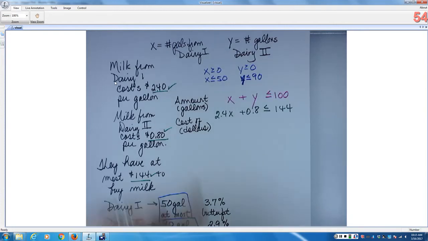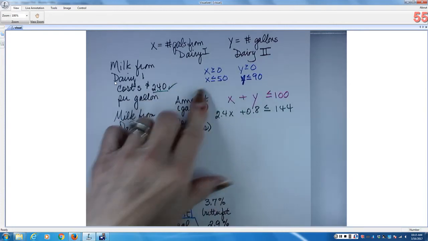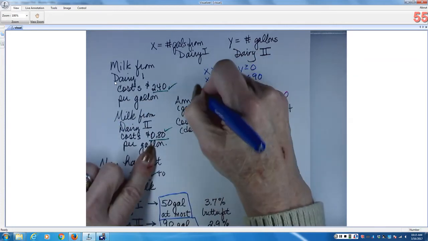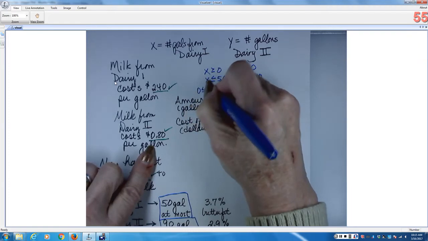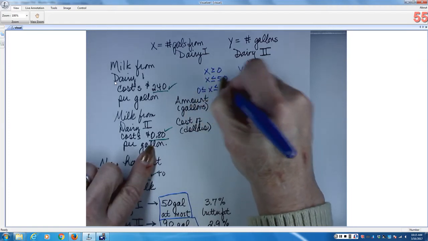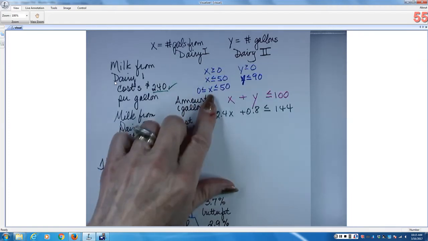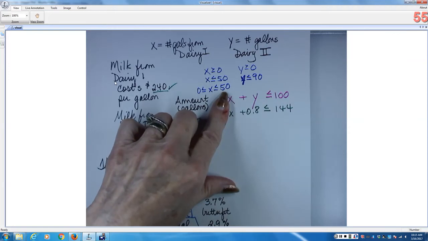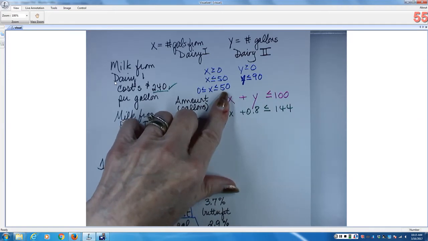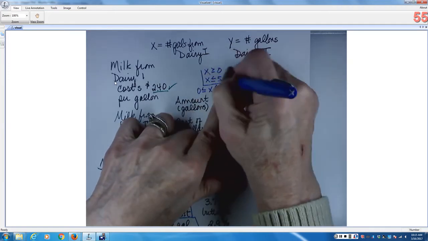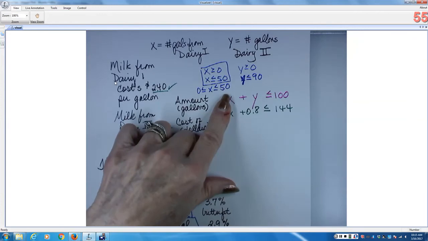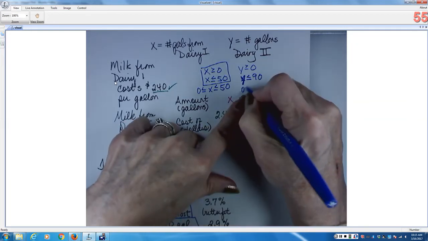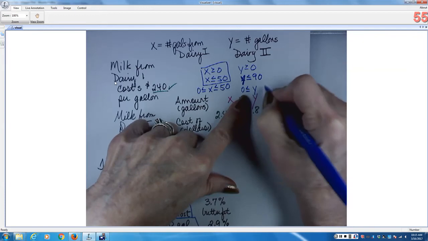Now the easier way to write both of these is 0 is equal to or less than X is equal to or less than 50. In other words, X has to be between 0 and 50. That's a shorter way to write this, and it's also a way that makes more sense. And then Y has to be between 0 and 90.